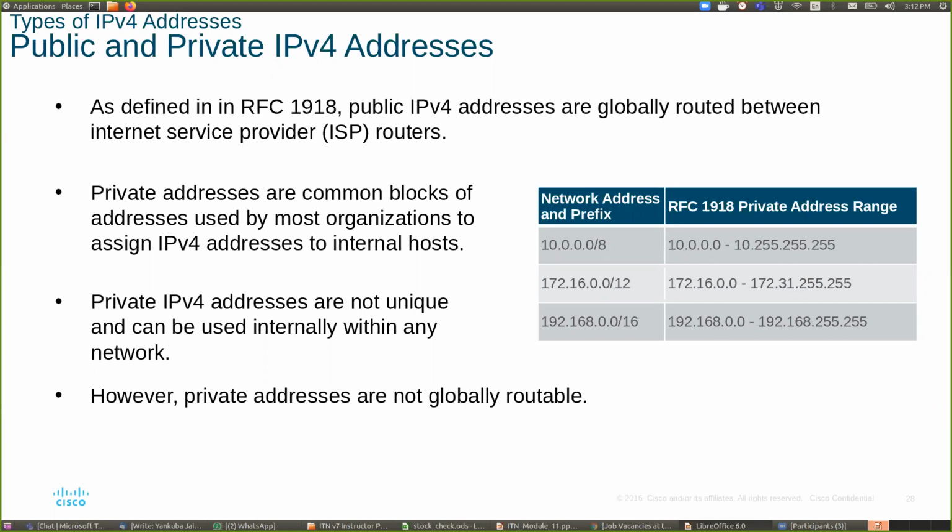The public IP addresses are defined by RFC, that is called request for comment. It's called RFC 1918. The public IP addresses are globally routable between internet service providers. Only public IP addresses can be routable, that means they can go outside to the internet. Only public IP addresses can go to the internet.